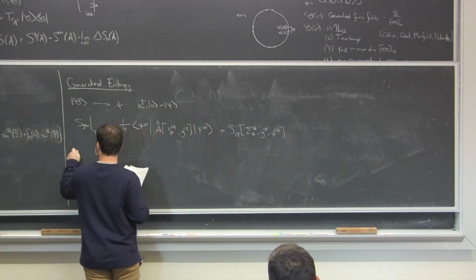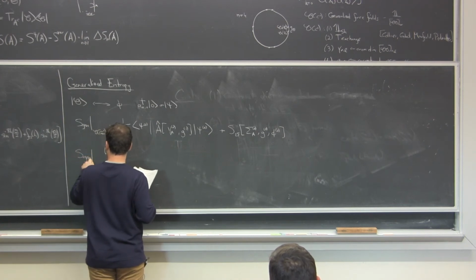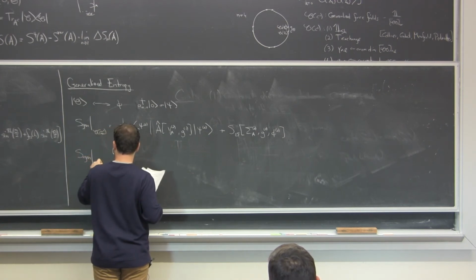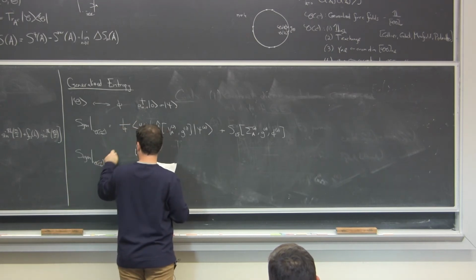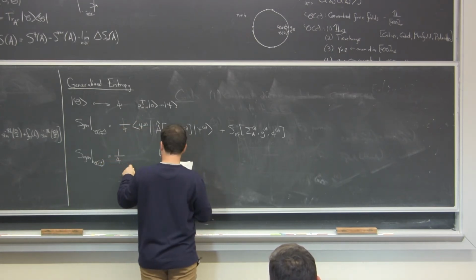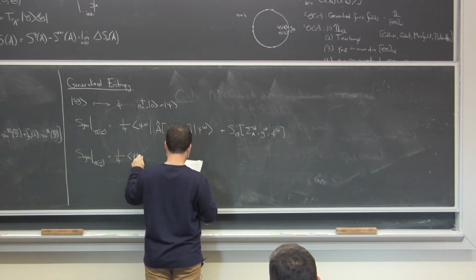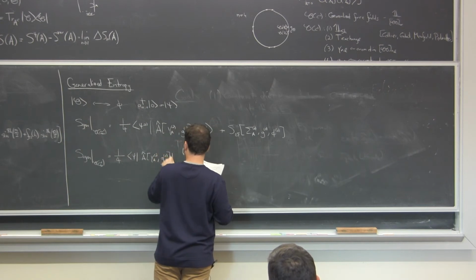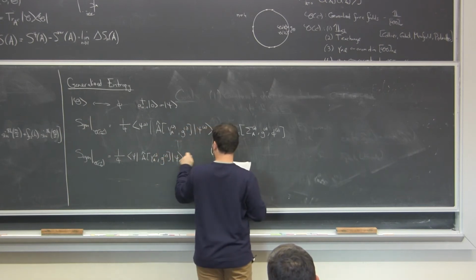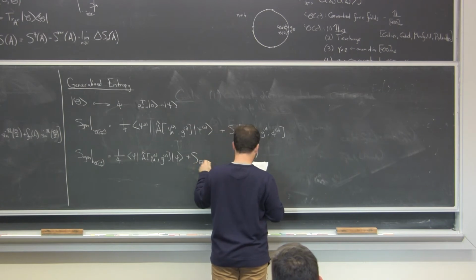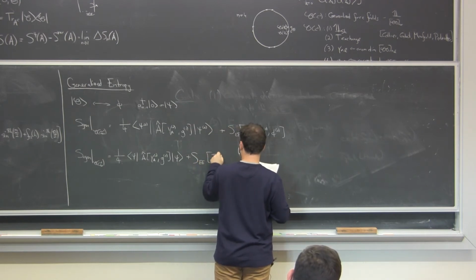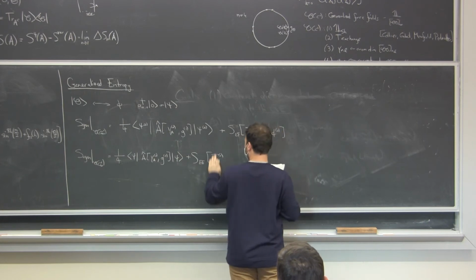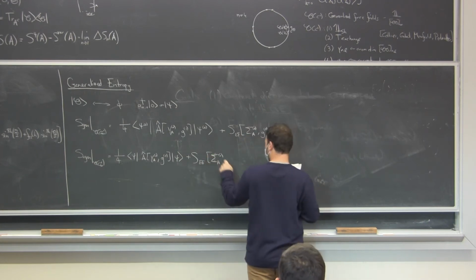Okay, so now let's talk about next order. So these are all the terms that don't get extremized because they depend on the classical extremal surface.